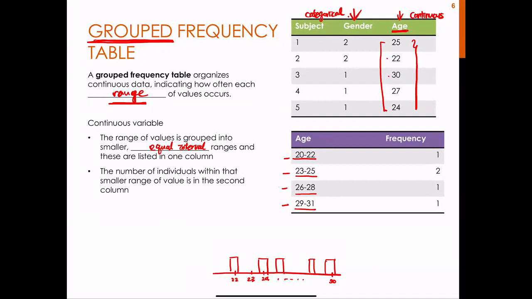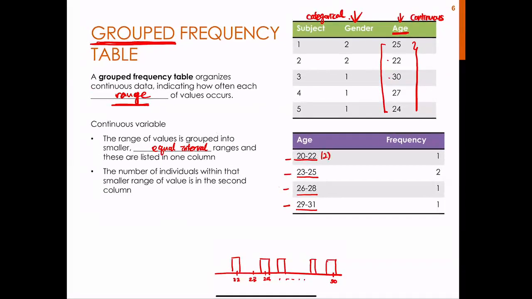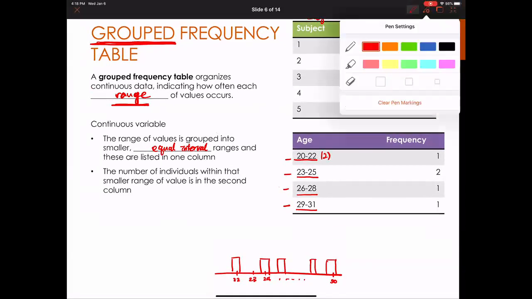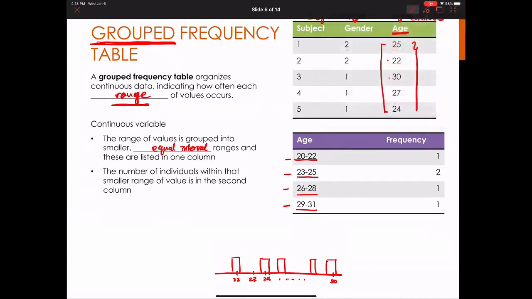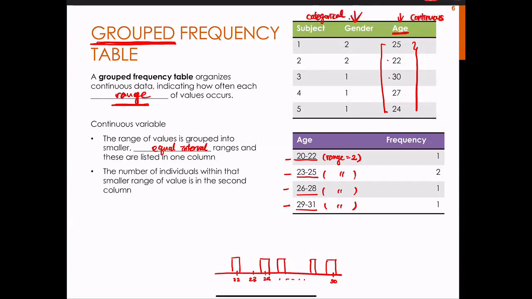So in this example, the range equals 2, right? Everything was the same. The range equals 2 and covers 3 different ages for each: 20, 21, 22 in the first subgroup, and in the second subgroup, 23, 24, 25, something like that.